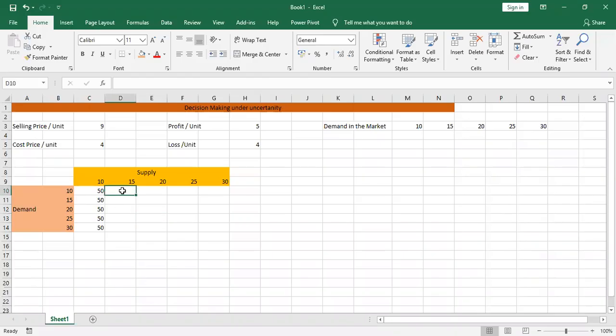Suppose in this case, I purchase 15 unit and demand is 10. So what happened? I successfully sell 10 newspapers. That means I earn 50 rupee profit. But 5 newspaper is not sold.